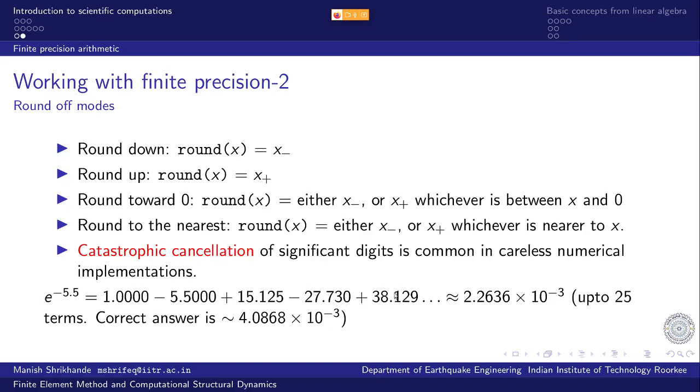So I retain 5 significant digits and I accumulate up to 25 terms. And this result slowly converges to something about 2.36 multiplied by 10 raised to the power minus 3. And if you compute on your calculator, the correct answer is 4.0868 multiplied by 10 raised to the power minus 3.